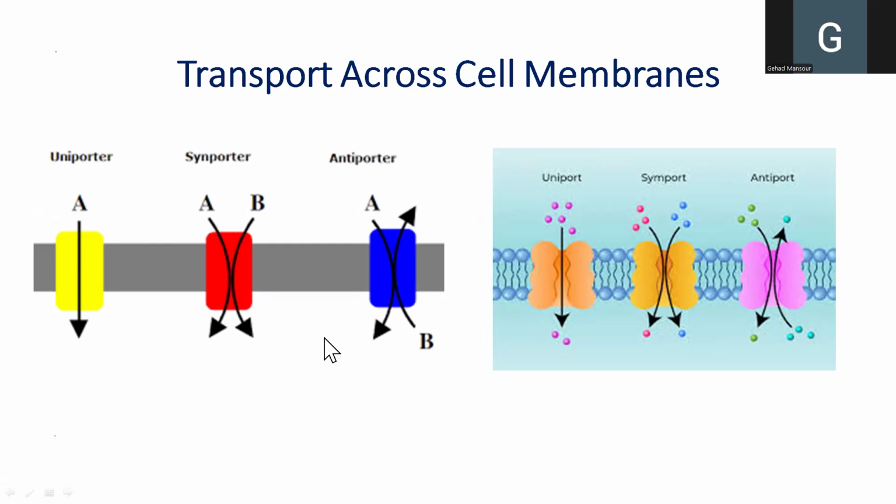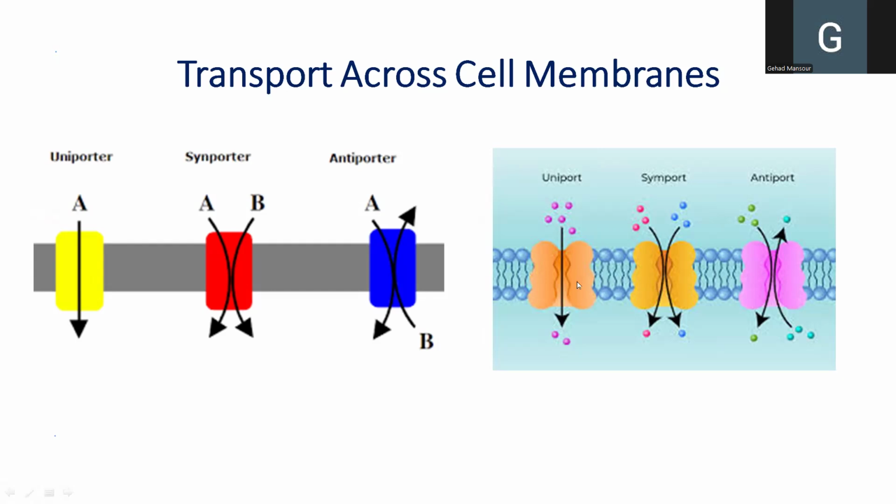But today we are going to categorize the transporters into three main categories according to how many substances they transport and in which direction. But before starting this explanation, I have to mention that the transporters are usually protein molecules that are embedded across the cell membrane, as you see.